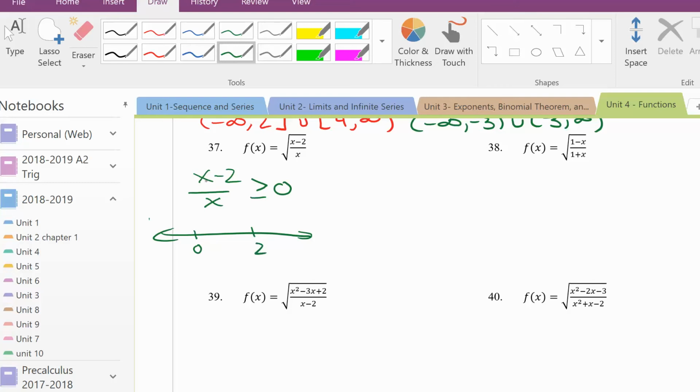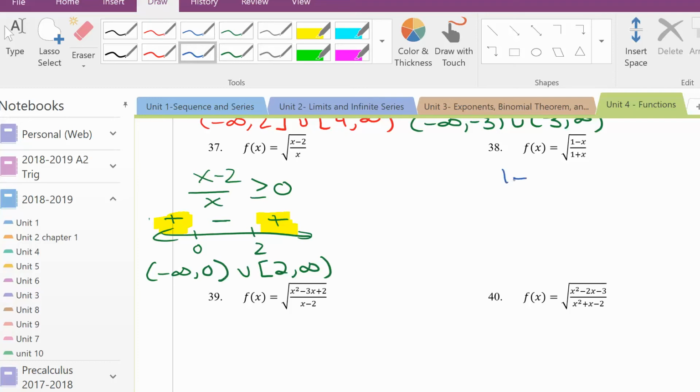So -1, if I put it in, gives you negative over negative, which is positive. 1 gives you negative over positive, which is negative. 3 gives you positive over positive. So since you're looking for greater than, it's the plus. Now it's going to be from -infinity to 0, but it's not going to include 0 because that would make the denominator 0, union 2 to infinity.